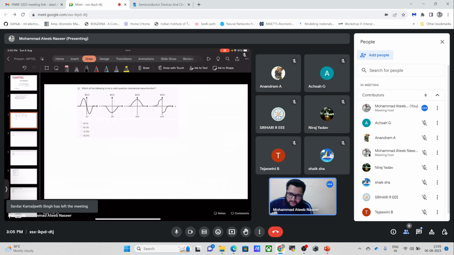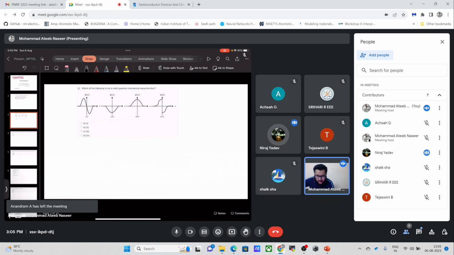Can you comment on the graphs, which one? Is it the last option because it is not continuous? Yes, absolutely.